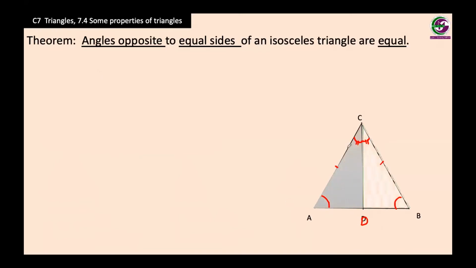CDA and triangle CDB, we can see that CA is equal to CB because the triangle is isosceles.